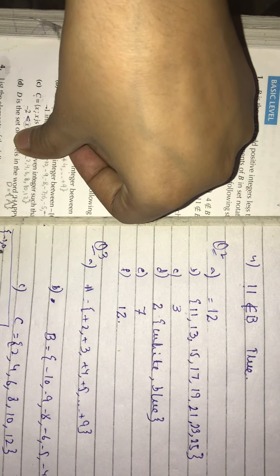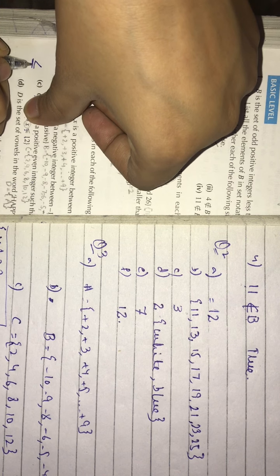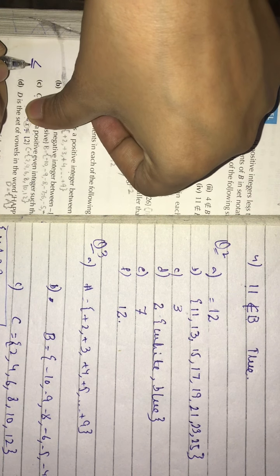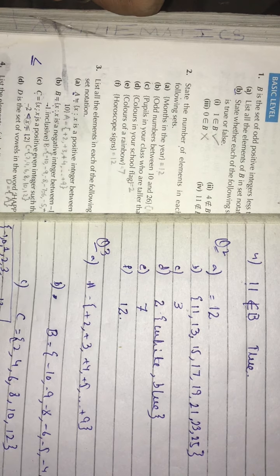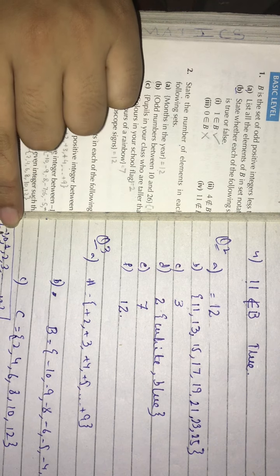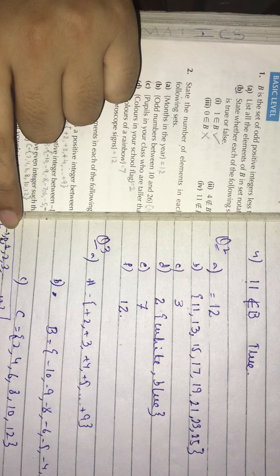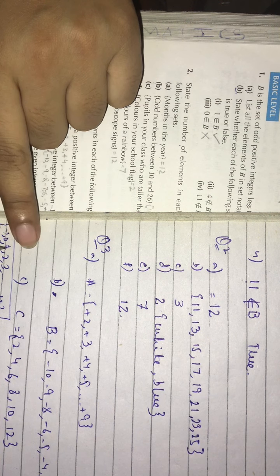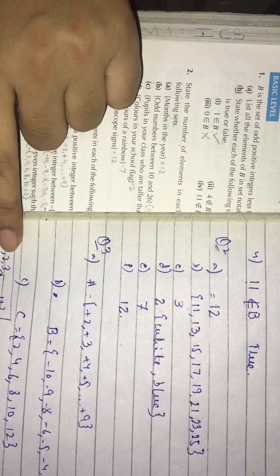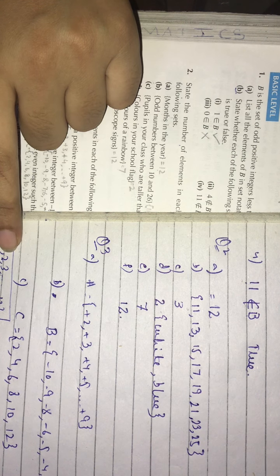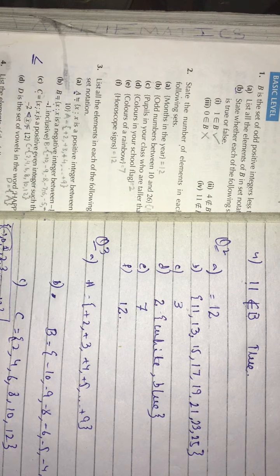This is the less than sign, and if there is a line under it then we say less than or equal to. So 12 is also included. While minus 1 is not an even integer, 0 is not an even integer, 1 is not an even integer. That's why these are not included. So 2 is included, 3 is not an even integer, 4 is, 5 is not, and so on. Got it? Now come on to the next.